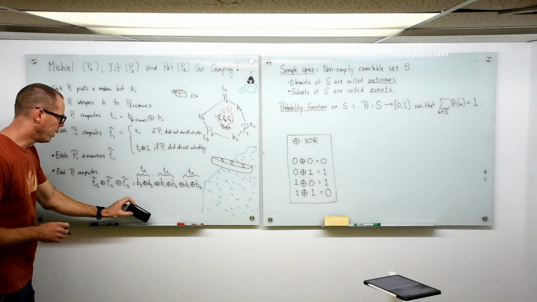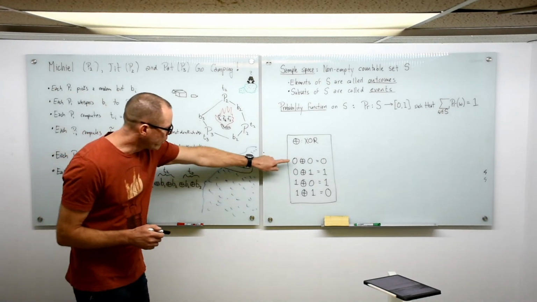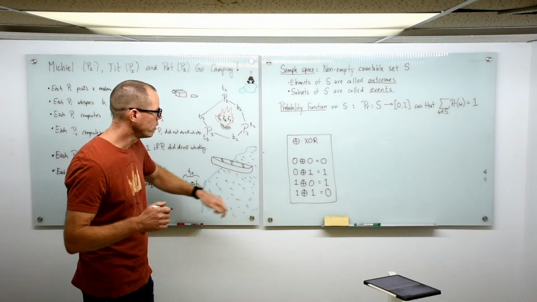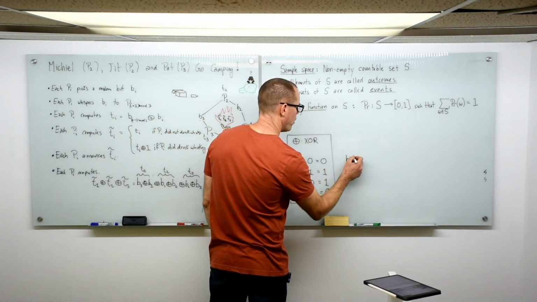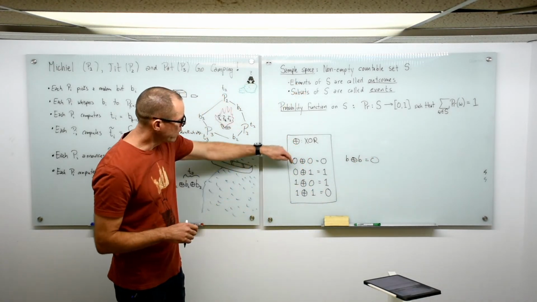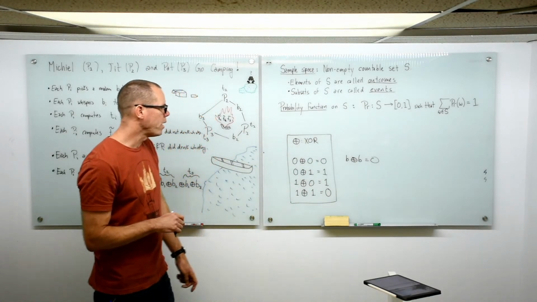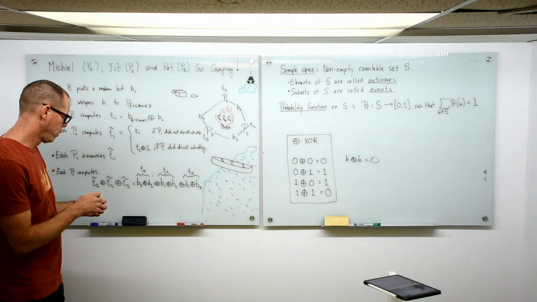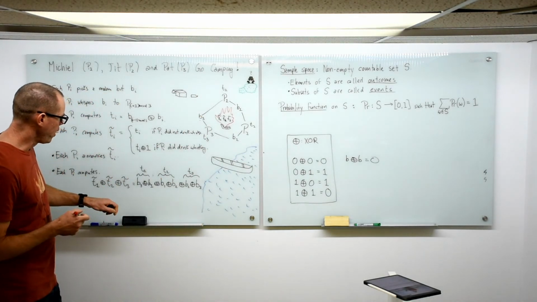And well, if you look at this modular arithmetic, one thing you can see immediately is if I take any bit and XOR it with itself, I get 0, right? 0 XOR 0 is 0, and 1 XOR 1 is 0. So any bit XORed with itself is 0, which means that you get cancellation here, right?